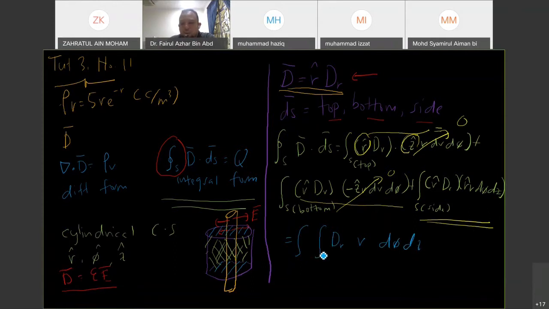In terms of the limit, phi is from 0 until 2 pi, because we are considering a full structure of a cylinder, and z is from 0 until, they didn't give us any information on z, so we just take it as z.